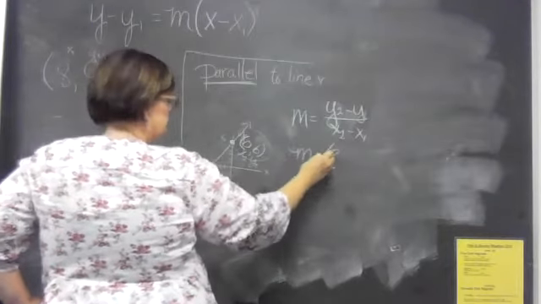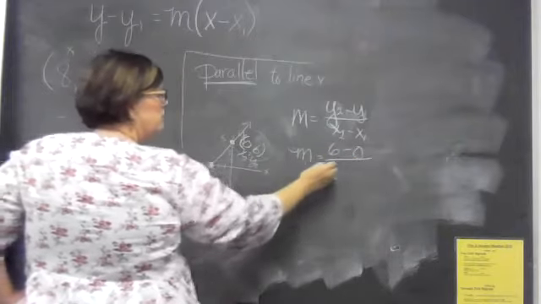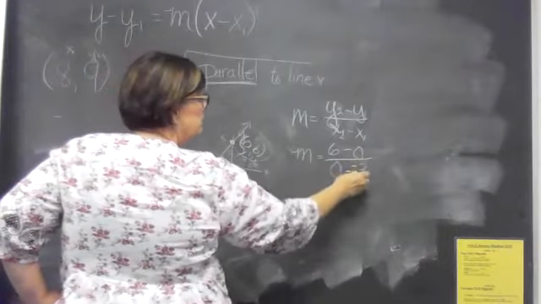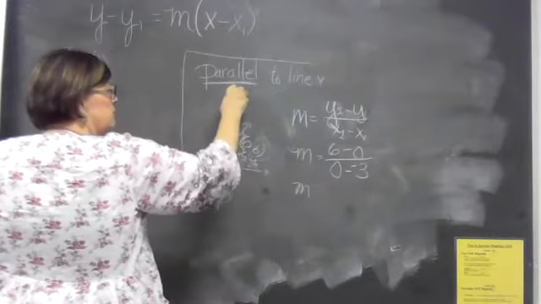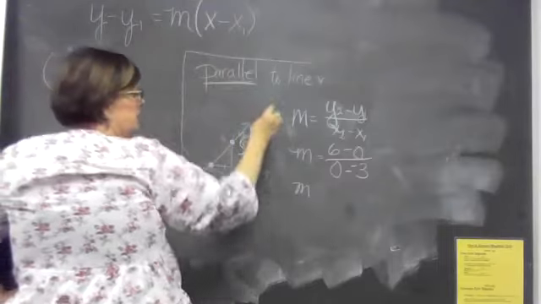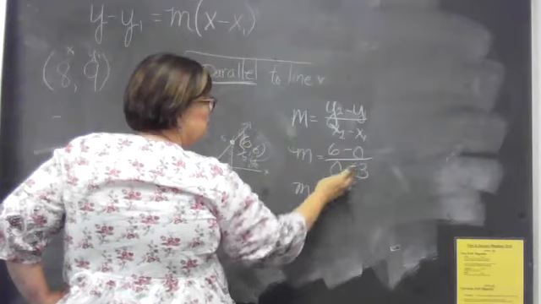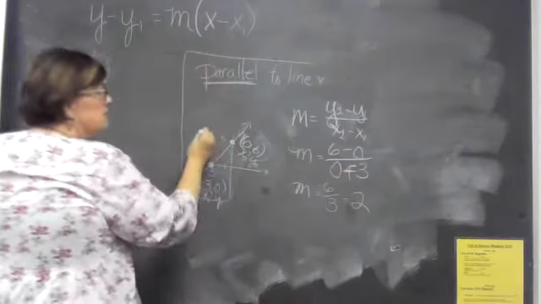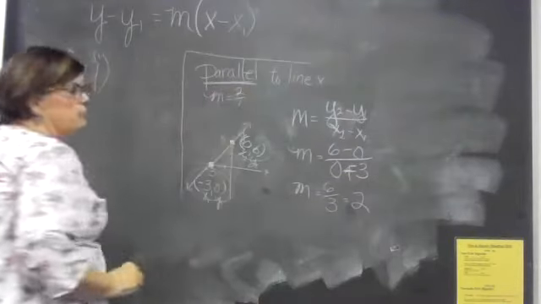So I have 6 minus 0 over 0 minus a negative 3. So the slope of this line, not the one I'm writing the equation for, but this line, is 6 over 3. So the slope of this line is 2 over 1.